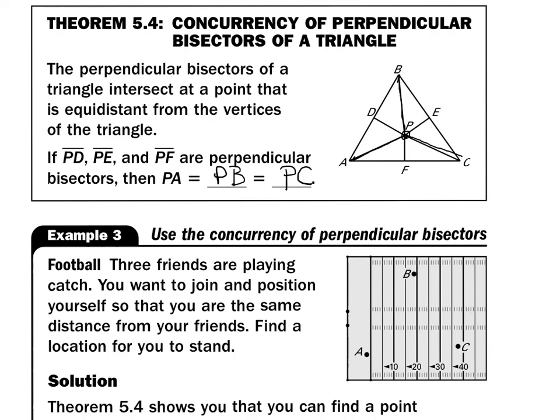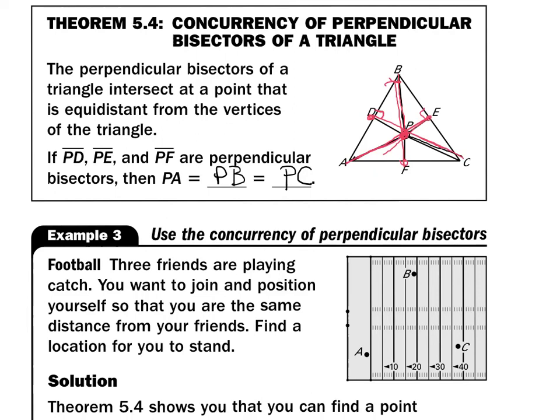Okay? And then notice how you draw that point. You have to start at the midpoint and draw the perpendicular line out, the other midpoint, and draw the perpendicular line out, and the other midpoint, and draw the perpendicular line out. Once you do that, then you have this point in the middle, which would be concurrency, and then you can take this point back to the letters to be the same distance.